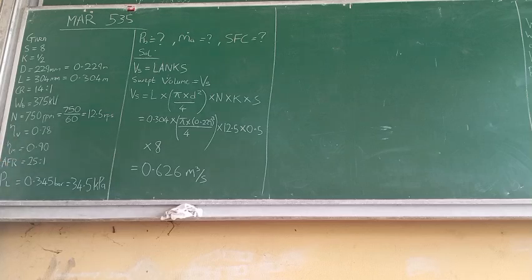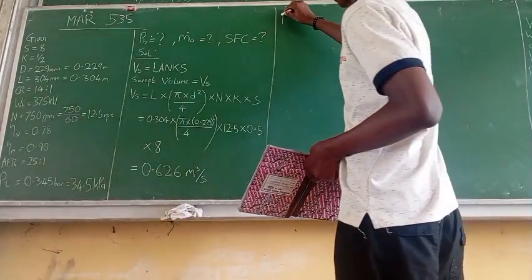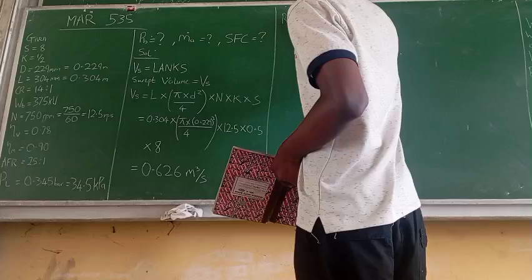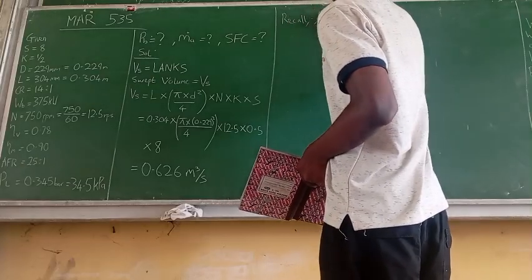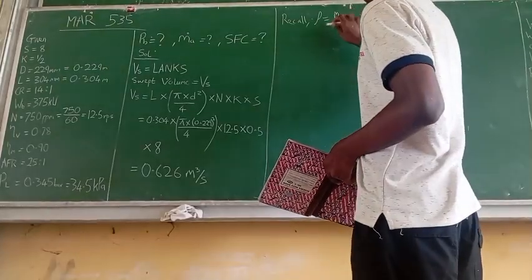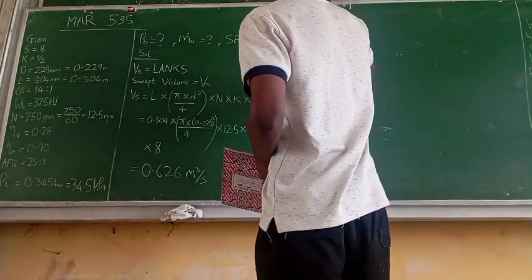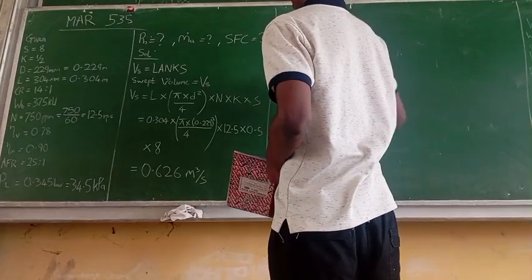Now, in the question, we were asked to find the mass flow rate of air. Recall, write this down, that density is equal to mass over volume. To get mass, you can rearrange it to say that mass is density times volume.